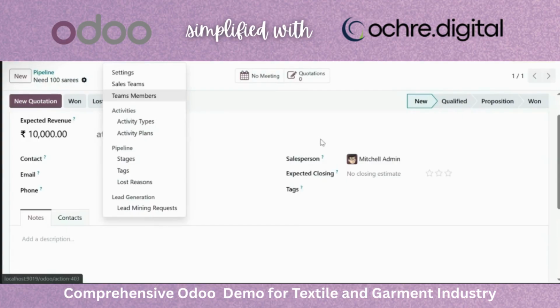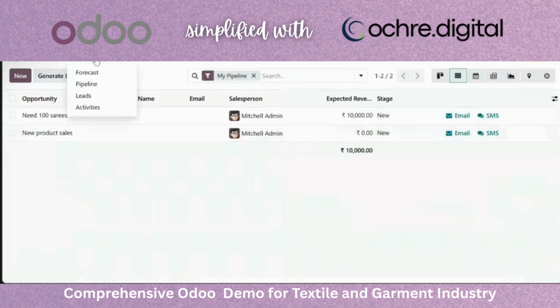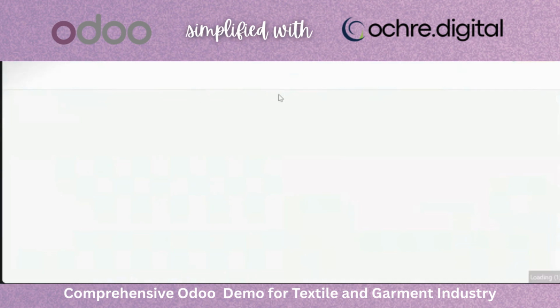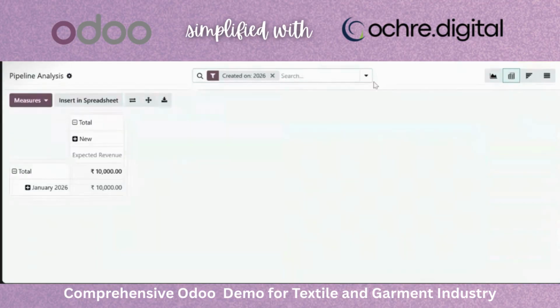While selecting here, we will get to know by the pipeline the leads based on the salesperson defined. Here we can see the expected revenue of 10,000 will be coming from Mitchell Admin, which is nothing but the user list. So we will define it in the leads and generate the reports as per the leads assigned to the particular salesperson.